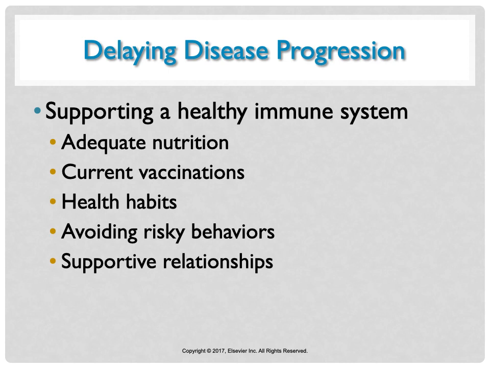We want to support a healthy immune system with adequate nutrition, getting current vaccinations, health habits, things like drinking in moderation or eliminating alcohol and tobacco, keeping up to date with the recommended vaccines, getting adequate rest and exercise, and reducing stress, and avoiding exposure to new infectious agents, accessing counseling, and getting involved in support groups.